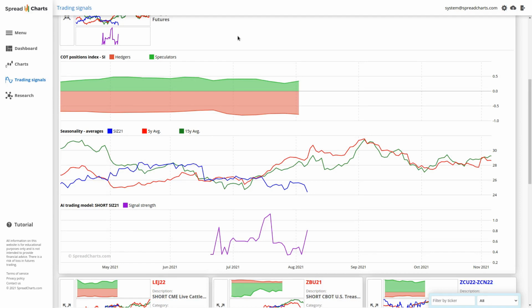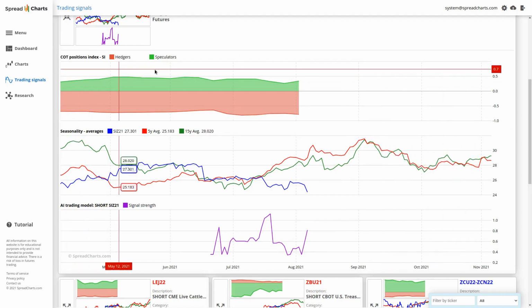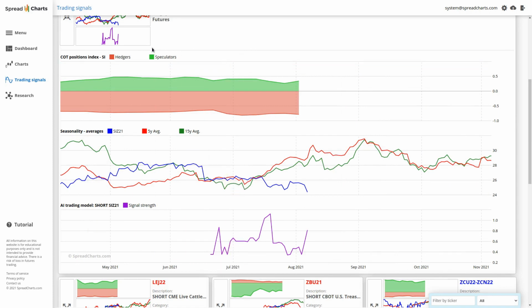So what do you see on the chart? Well, the top subchart is the commitments of traders' data. It's the well-known COT position index you can find in our regular charts under the charts section of the app. The middle subchart is the quick seasonality analysis.